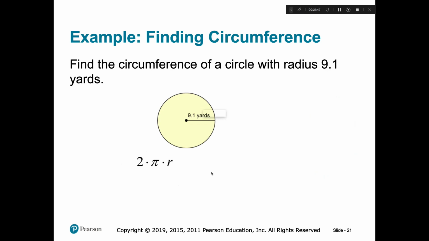So, next example, we are finding the circumference of a circle with a radius of 9.1 yards.